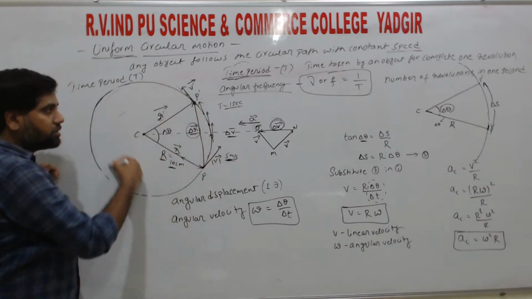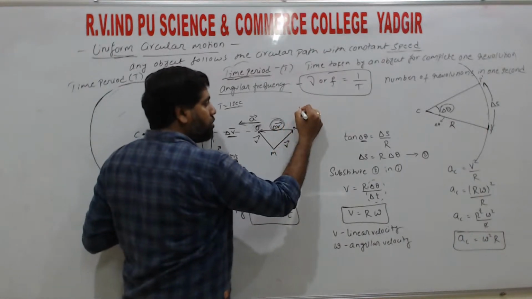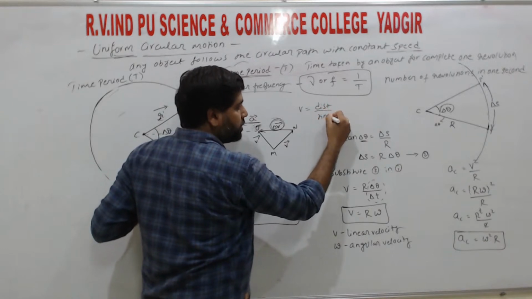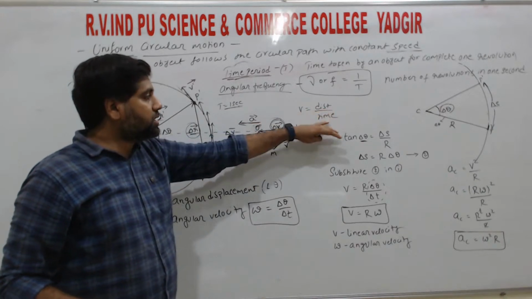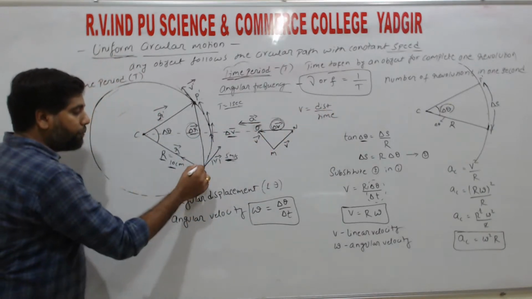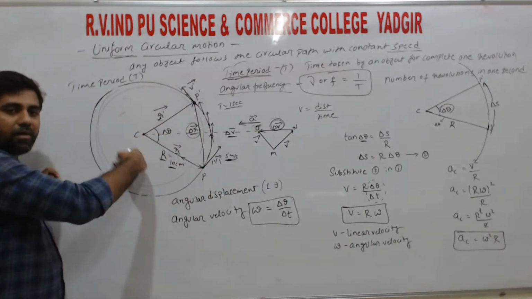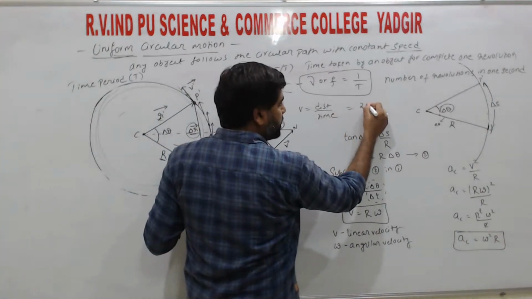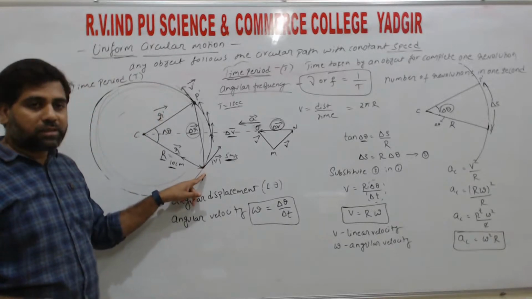As this is a circular path, by definition velocity is equal to distance divided by time. To complete one rotation means it covers one circular path, the circumference of the circle. That means the distance covered by the object is 2 pi r, where r is the radius of the circle.